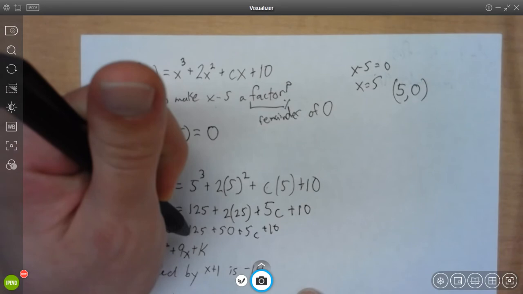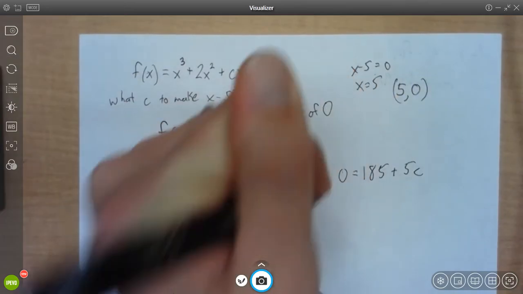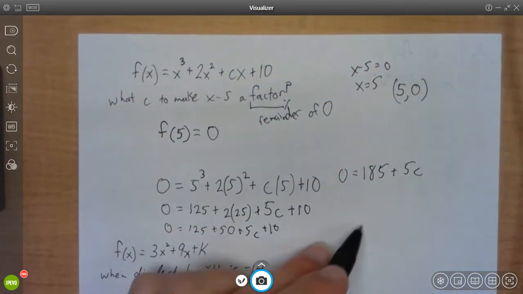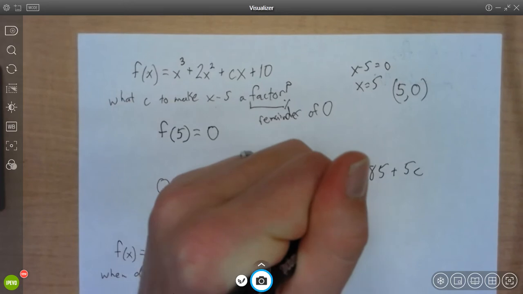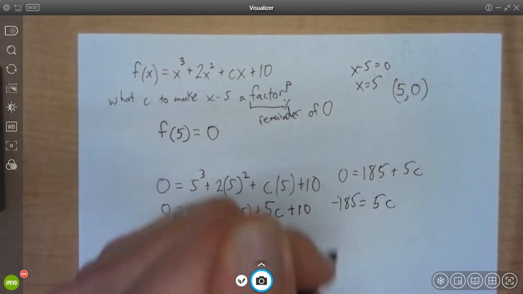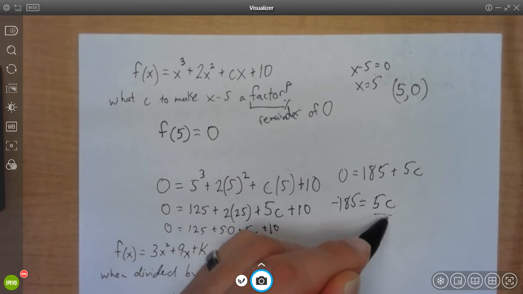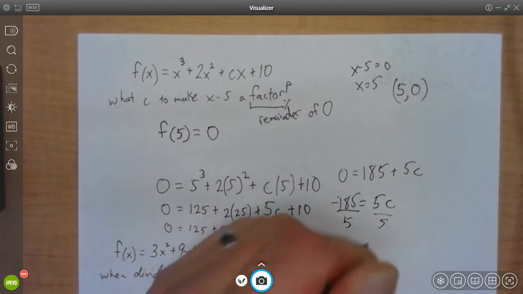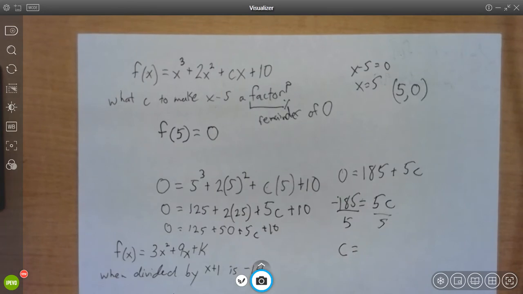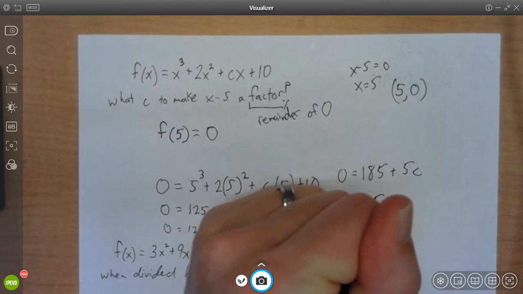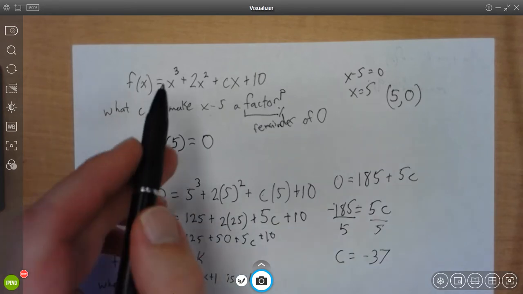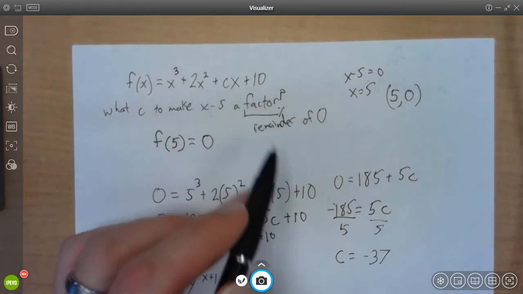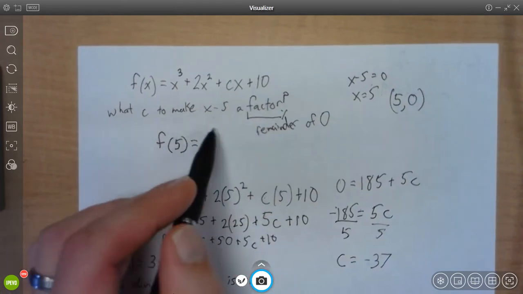So 185 plus 5c equals 0. Simple as that. We just move over the constant, subtract 185 from each side, and then divide each side by 5. Get negative 37. So when we replace c with negative 37, that should make this statement true.